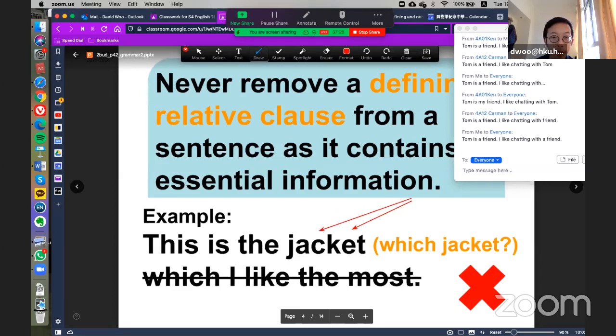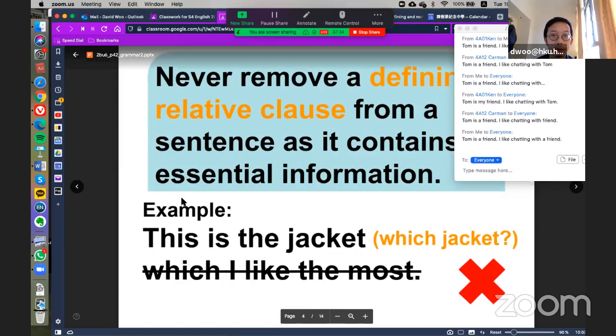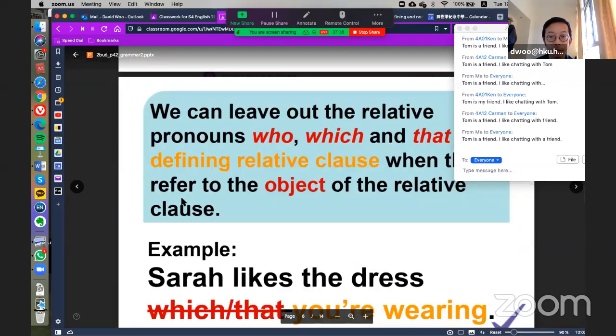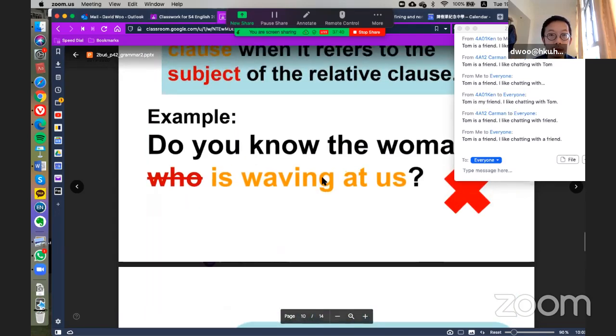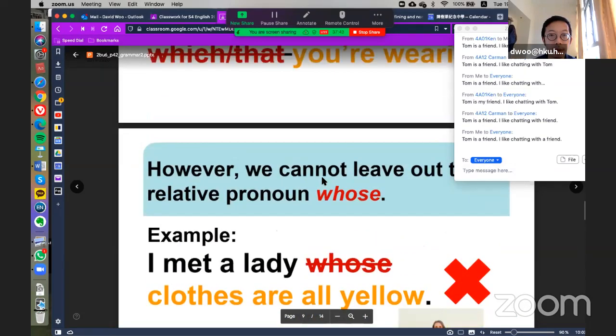Okay, so which precedes or comes after the jacket. All right.